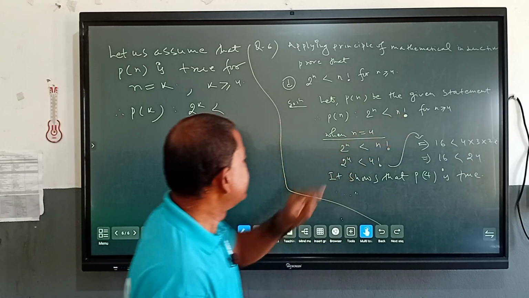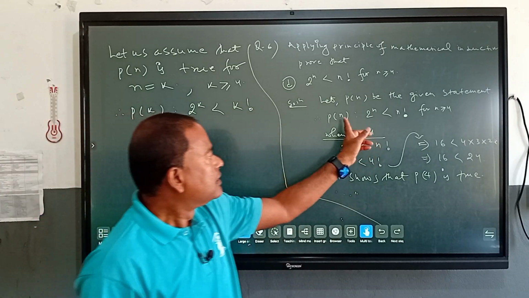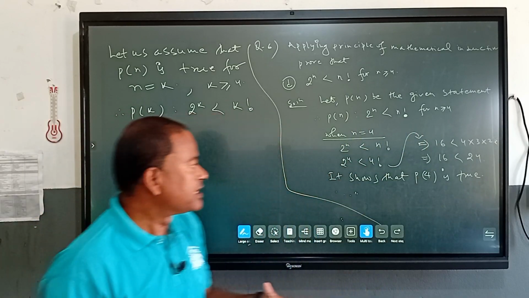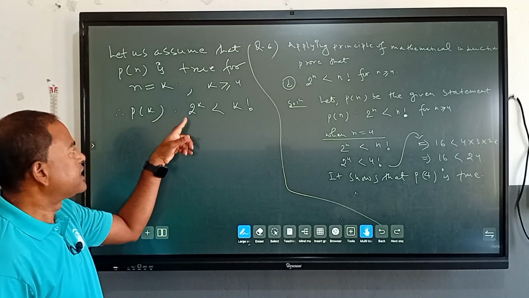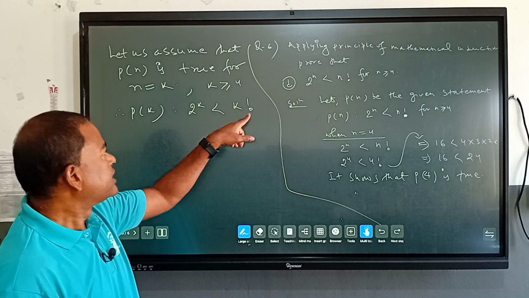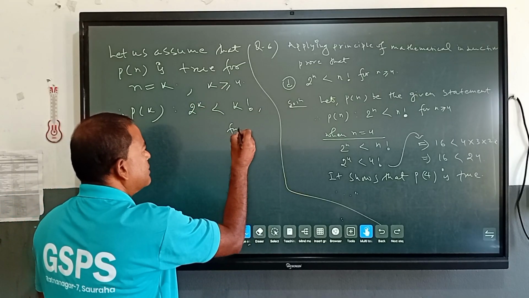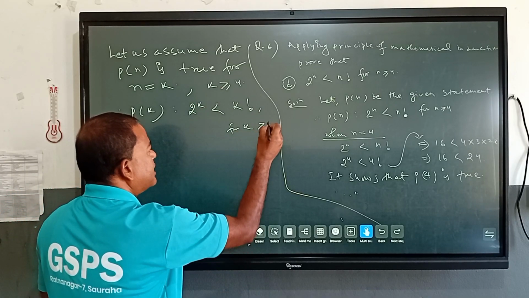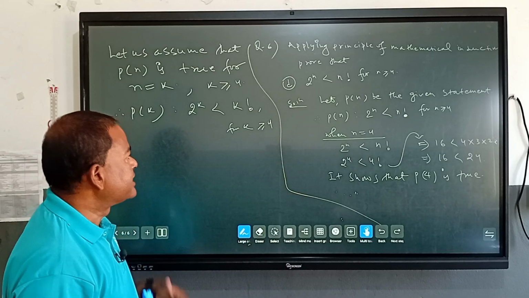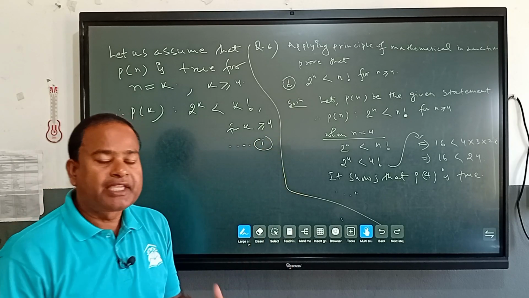So if we replace n with k, the given statement changes to Pk such that 2^k is less than k factorial, for k greater than or equal to 4. So let's say this is statement I.